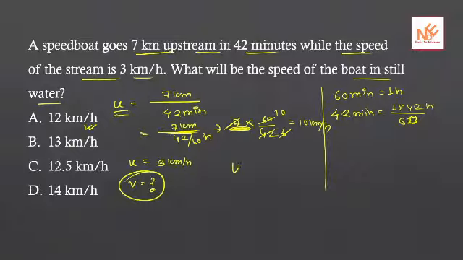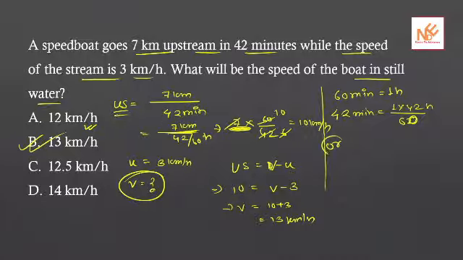Upstream means v minus u. Upstream is 10 kilometer per hour, v we don't know, and u is 3. So v equal to 10 plus 3 equal to 13 kilometer per hour, and this is the answer.